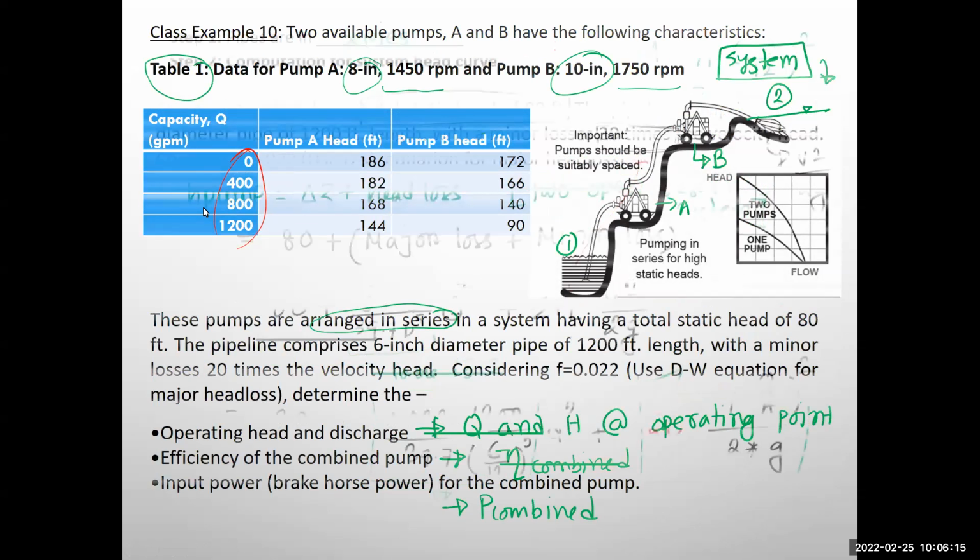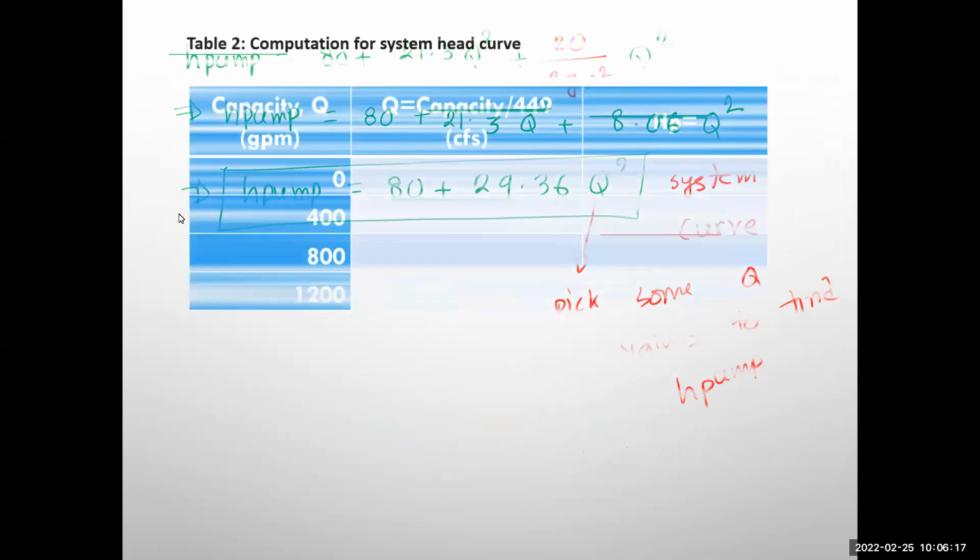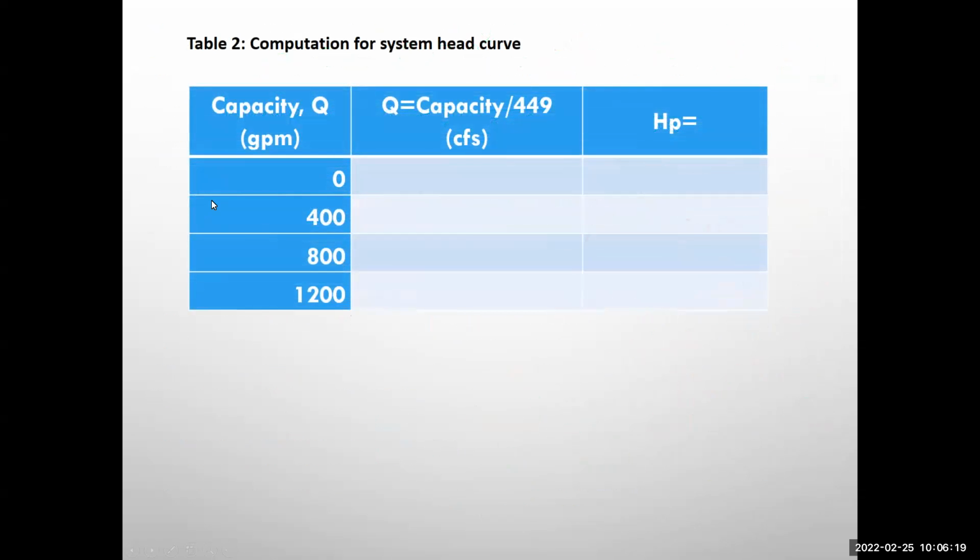Without even asking you, I already added the same Q values, but if you want to work with some random values like 0, 500, 1000, 1500, you can do that as well. So do whatever you want to do on your copy, okay?